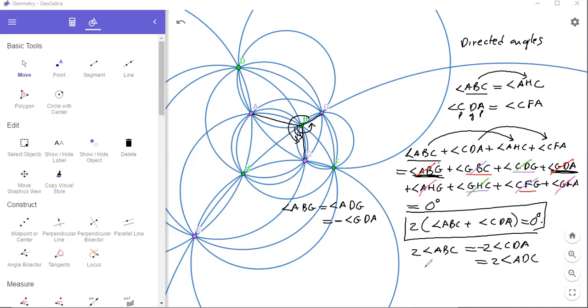So basically, if you start with any two points, let's say two purple points, and you place any green point here, let's say B, then it's going to give you the same value as placing any other green point.